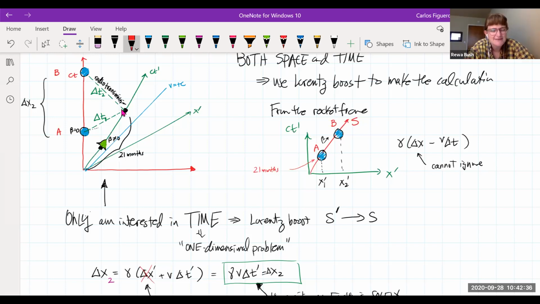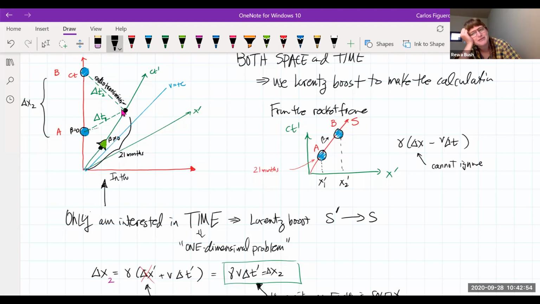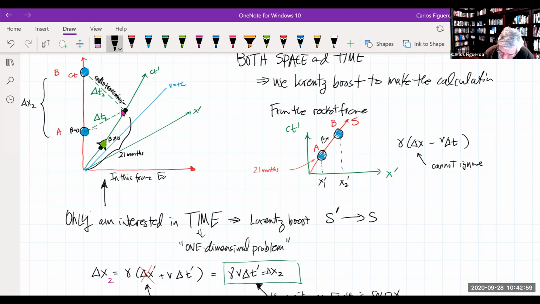I think in that graph, it looks like the red distance axis, like the Earth is not moving on its own distance axis. It looks like it's staying stationary in space in this frame right here. In the green one you're talking about, in this frame, Earth does not move.